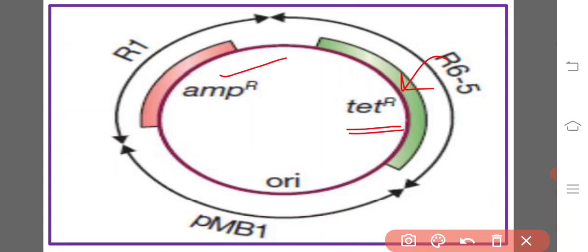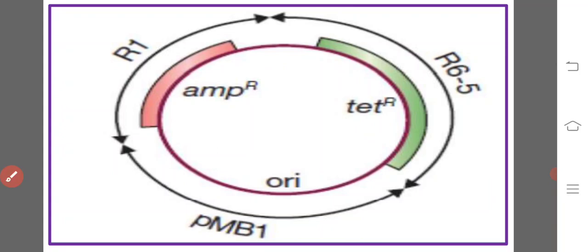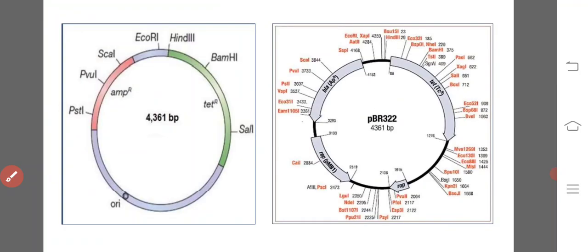So the genetic markers may be used for the selection of transformants; those plasmids which get the foreign DNA fragment will be identified.